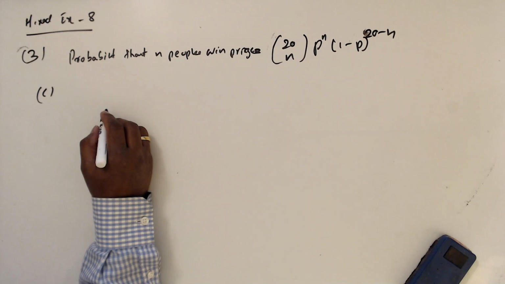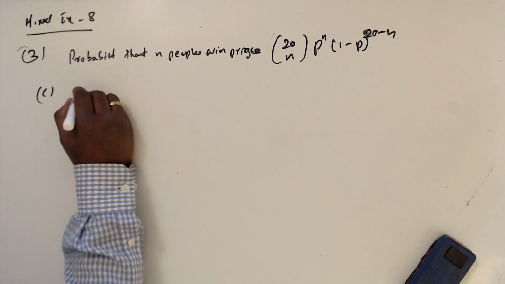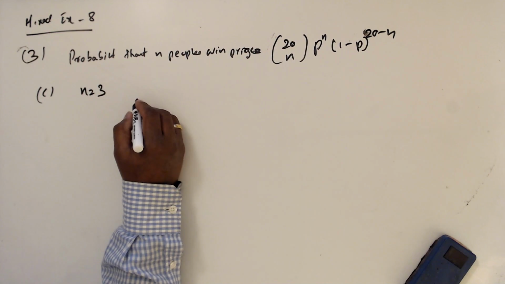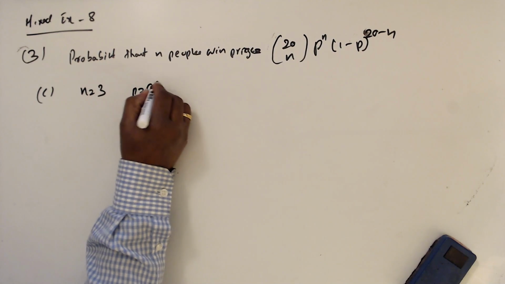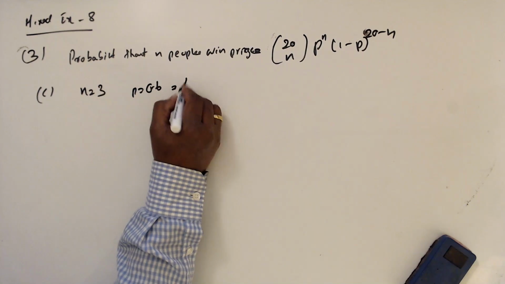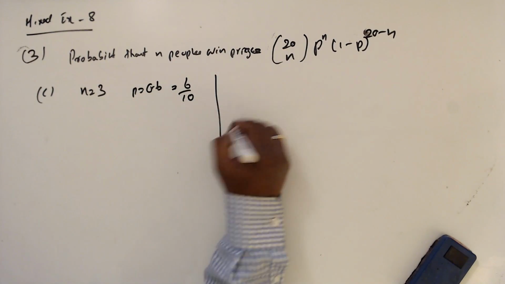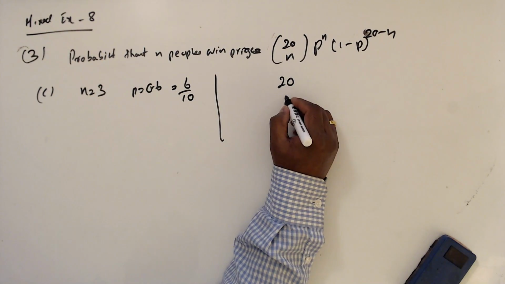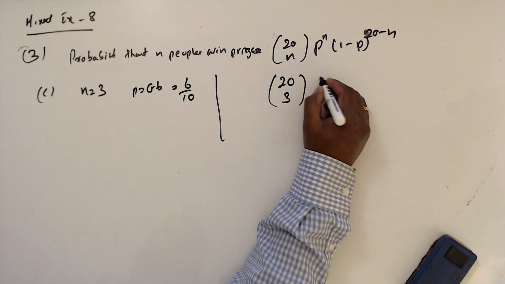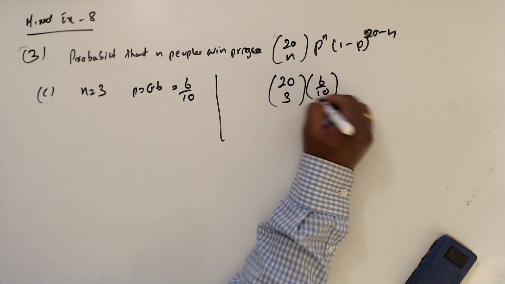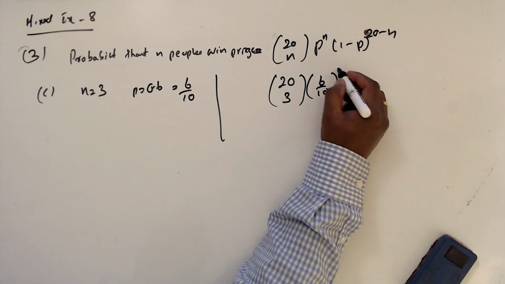Part C, n equals 3 and p equals 0.6, which is 6 out of 10. So this is going to be 20 choose 3, 6 out of 10 to the power n, which is 3.